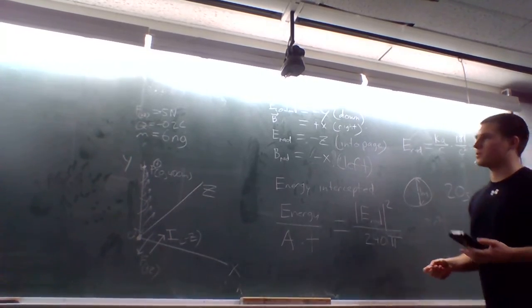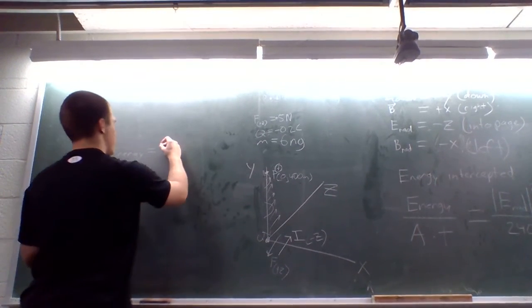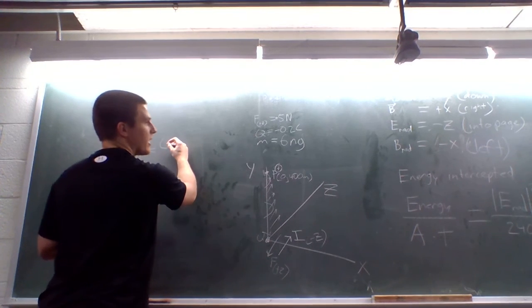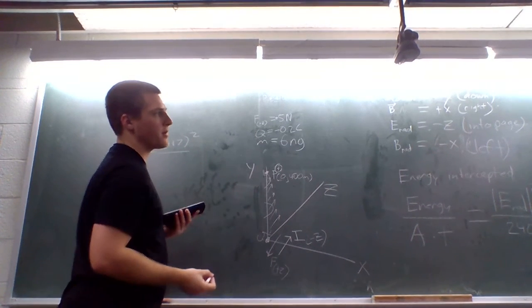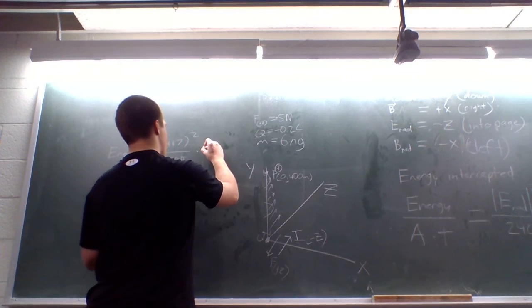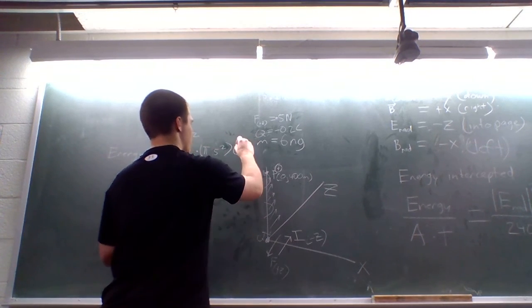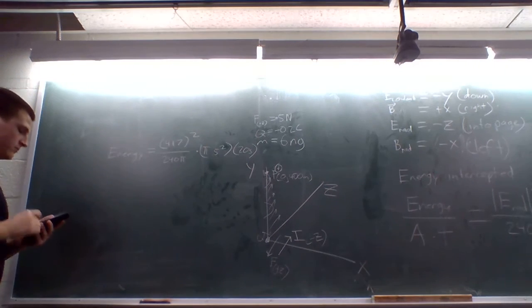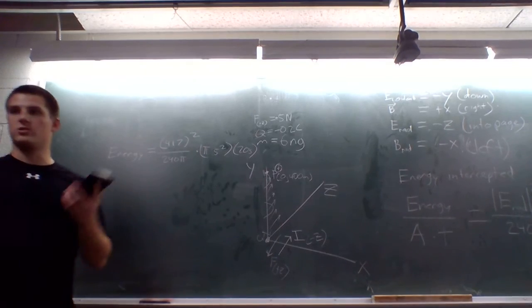So energy is going to equal Erad, which was 41.7 squared, divided by 240 pi, times the area, which in this case was pi times 0.5 squared, times t, which was 20 seconds.